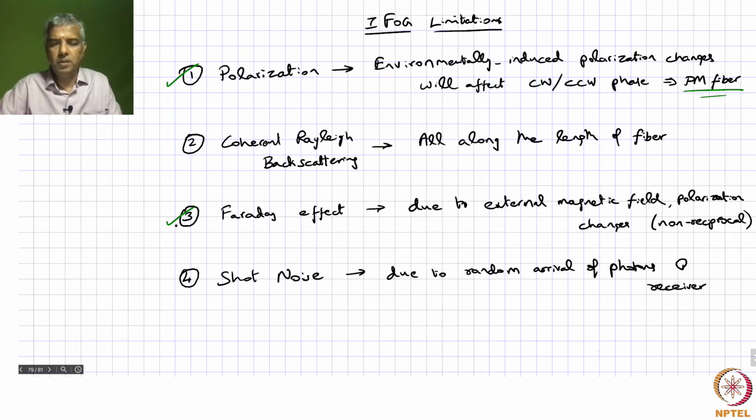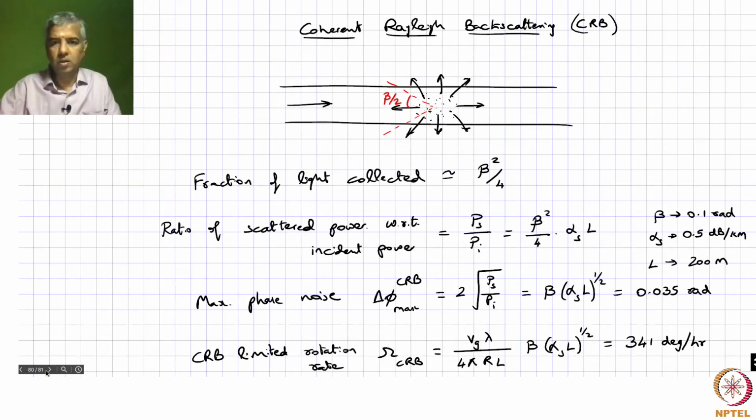Then during our last lecture, we looked at the effect of coherent Rayleigh backscattering, right? And we said that is because light, as it propagates through the core of an optical fiber, will encounter density fluctuations whose scales are smaller than the wavelength of light that you are using.